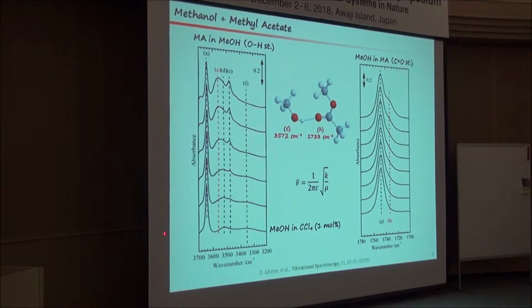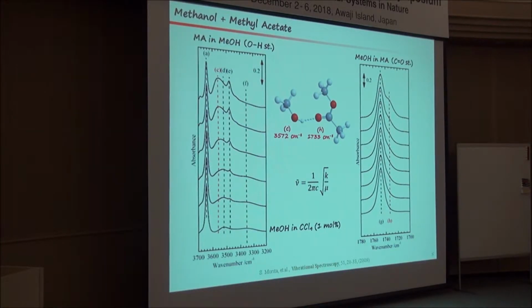This figure shows the mixture of methanol and methyl acetate. The bottom one is the spectrum of methanol in carbon tetrachloride, about 1%, already shown before. This one is free, this is a dimer, and this is an aggregate OH.